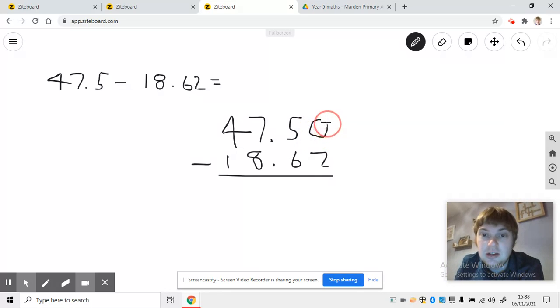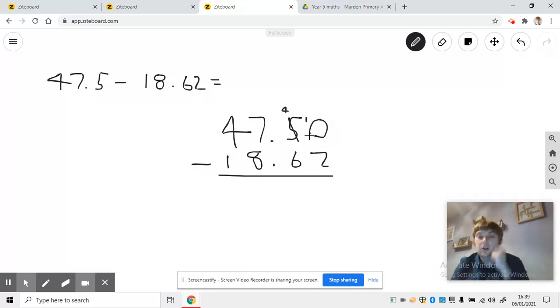So we can insert the 0 even though it's not there in the original question, because then we can do 0 take away 2. Now, we know that doesn't work because you can't have nothing and take 2 away from it. So we have to exchange. So we go over here to our 5 tenths, and we exchange 1 tenth for 10 hundredths.